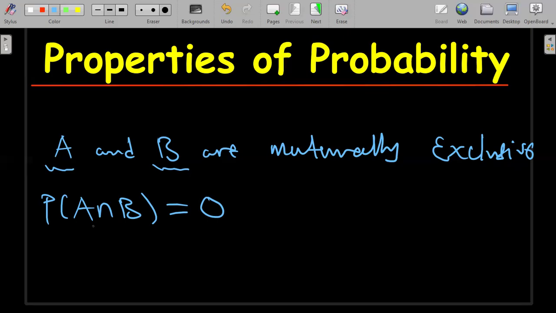All right, and then using this property for mutually exclusive events, we can also add it to the part where we are finding the probability of a union of two events. So let me just erase this.